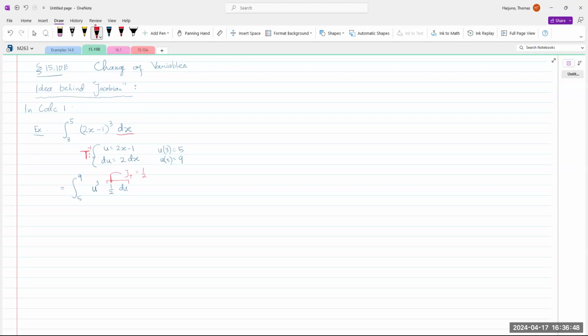Okay, remember the Jacobian for transformation T is the reciprocal of the Jacobian for T inverse, right? Okay, another way to see this, of course, you can see this as (u plus 1) over 2 equals x. That's our transformation T.